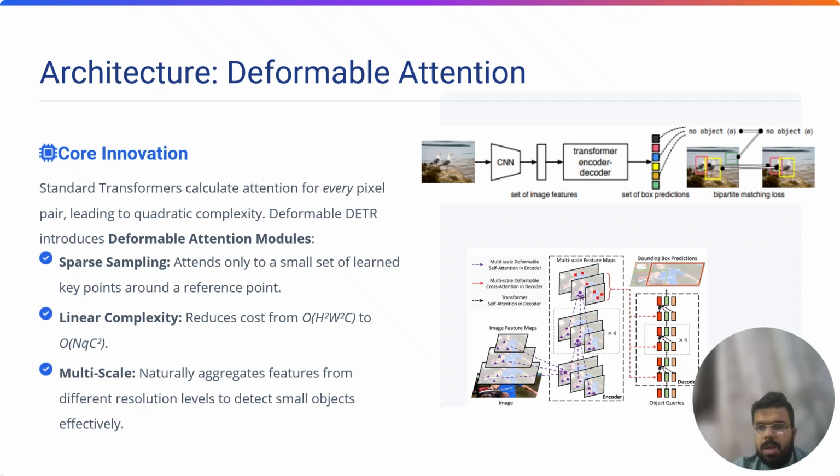It also has multi-scale feature aggregation, which naturally handles objects of different sizes, which is crucial for document elements containing small and large objects. So it learns to differentiate between them as well.